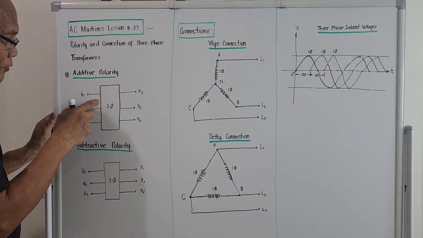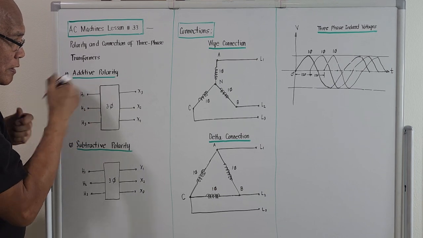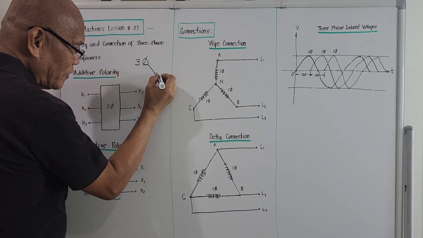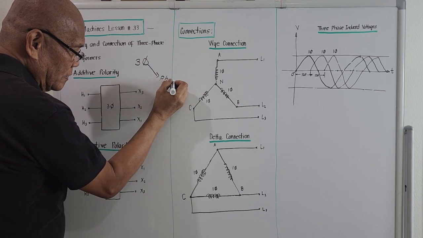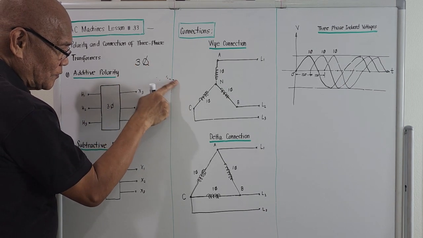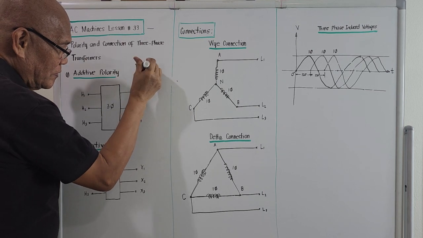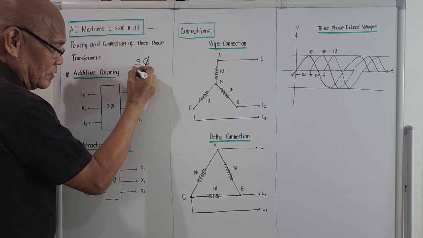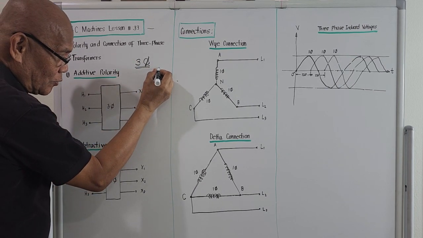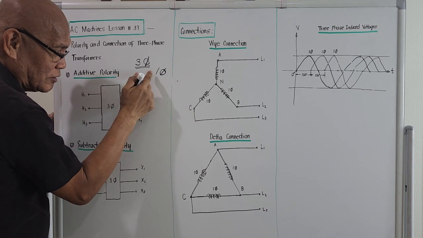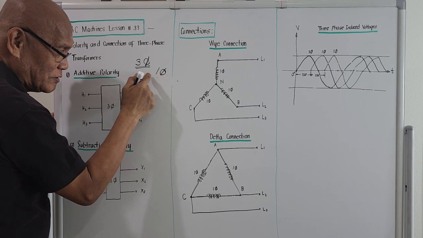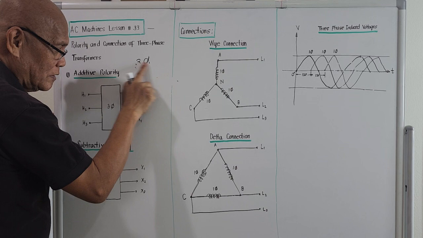The connection for additive polarity for three-phase is marked with the number 3 and this symbol, meaning three phase. If I put number 1 with this symbol, it's single phase.